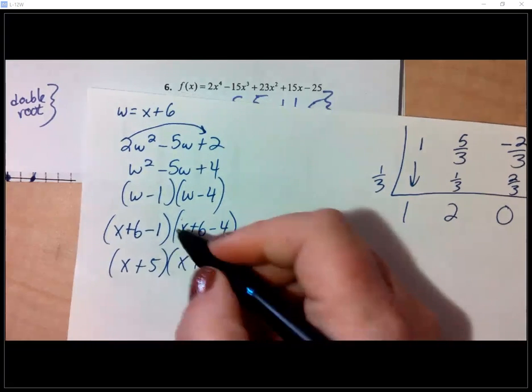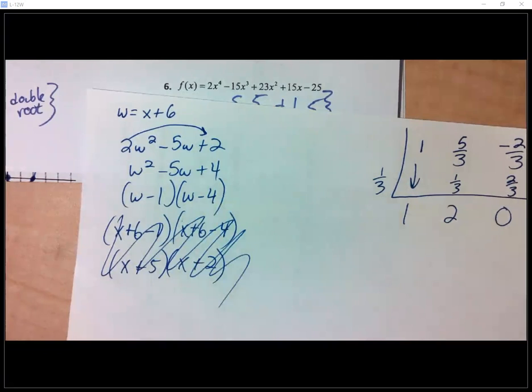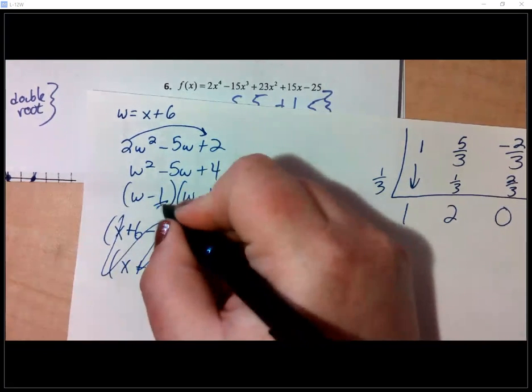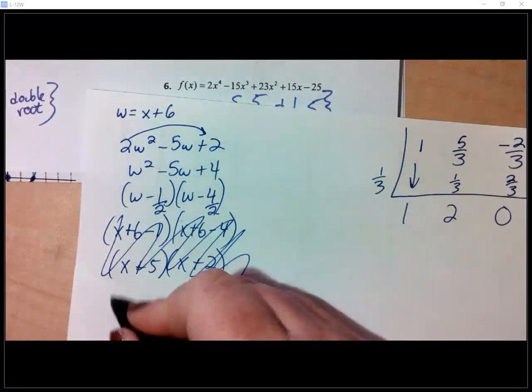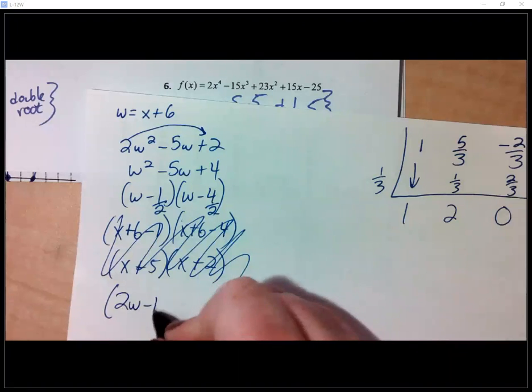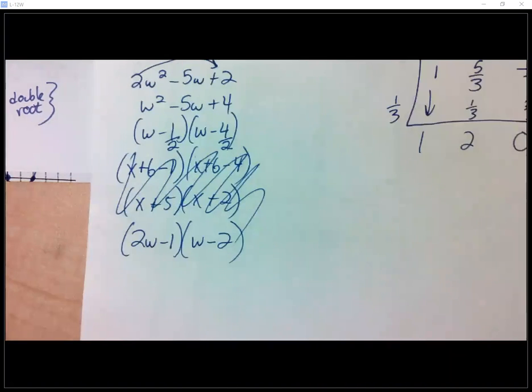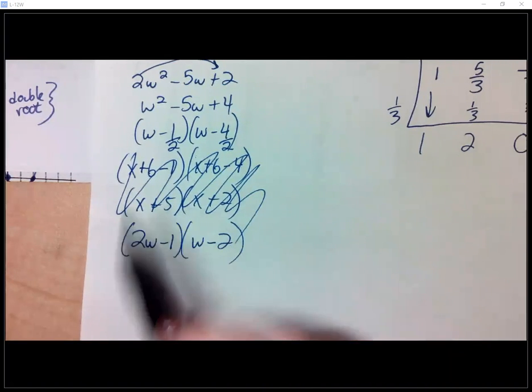See, and that's one of the big problems with slide and divide, is that you just slide and then you never come back and divide. Oh my gosh. So that's 2w minus 1. Thank you. Oh my goodness gracious. I swear. Okay, now let's replace the w with the x plus 6.